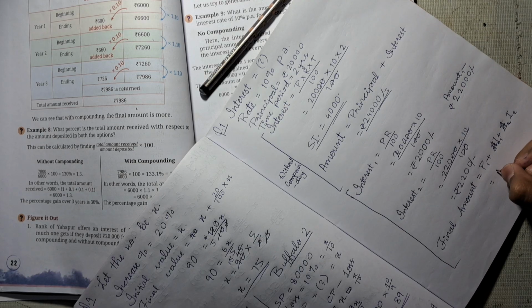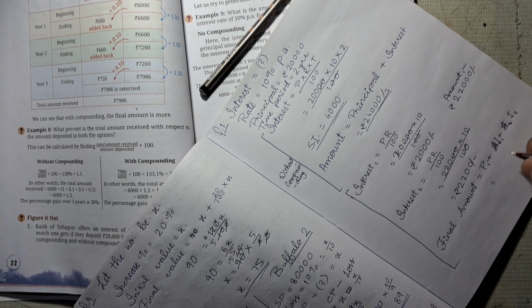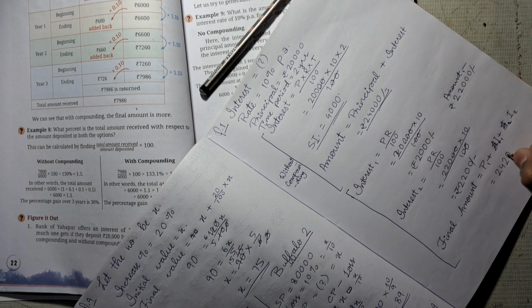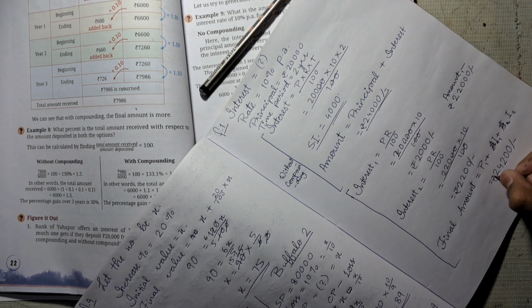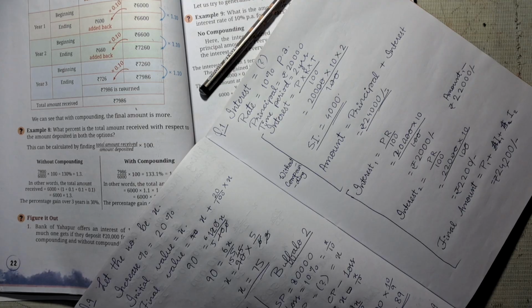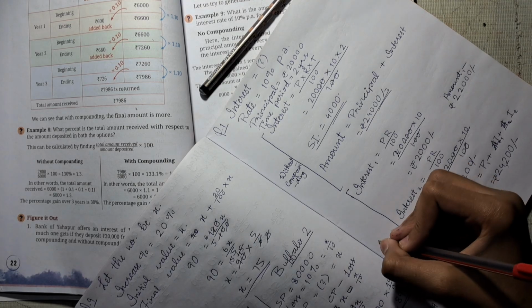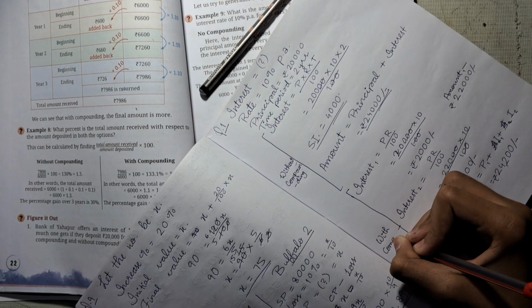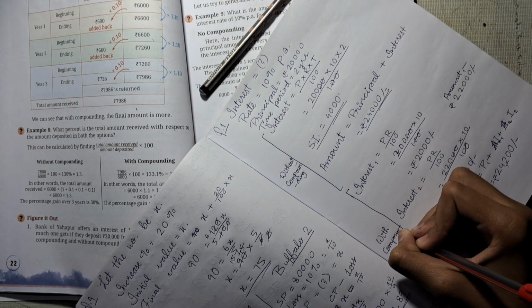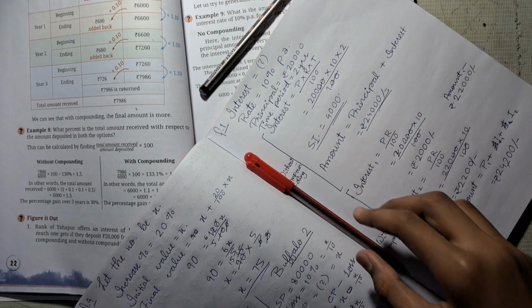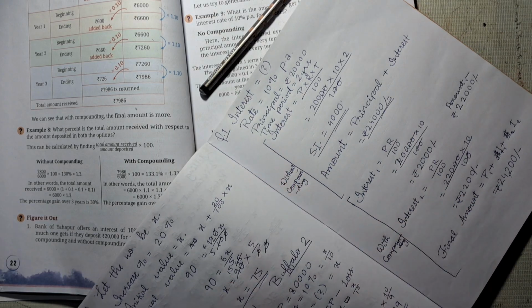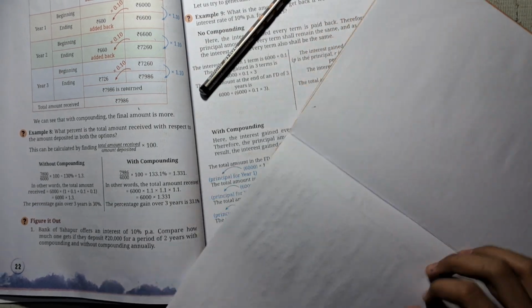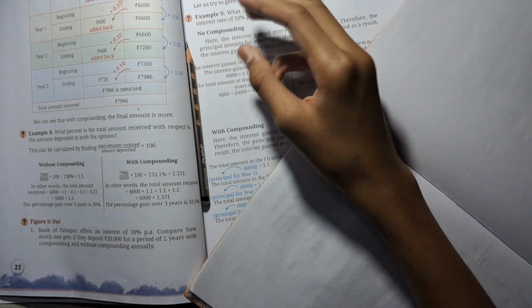So our final answer would be 24,200, meaning 24,200 rupees. So this was with compounding. So this was our first question, and moving to the next question.